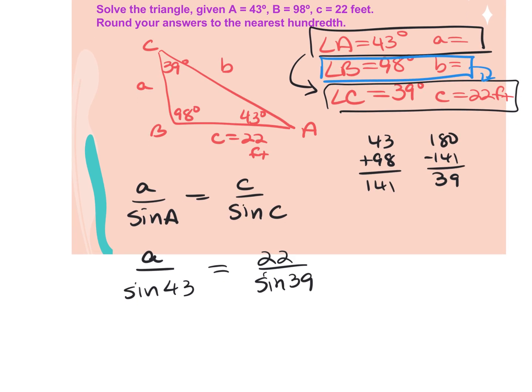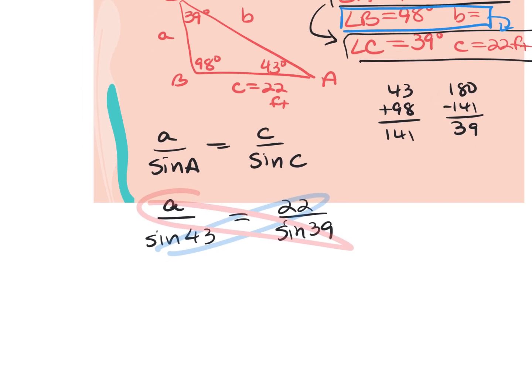I'm going to go ahead and cross multiply. I'm going to multiply the sine of 43 times 22 and the sine of 39 times a. So this will give me the sine of 39 times a is equal to the sine of 43 times 22.